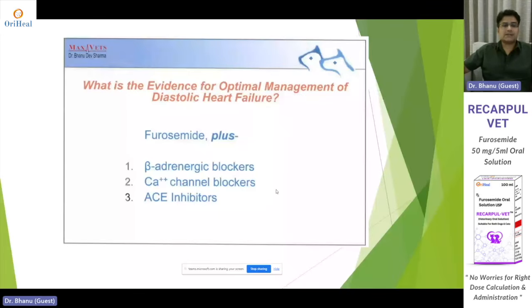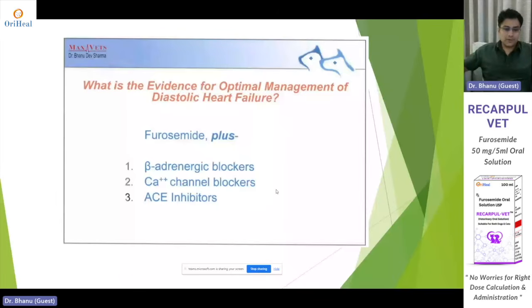ACE inhibitors, yes, benazepril is a commonly used ACE inhibitor in maintenance therapy. I use this drug. ACE inhibitors, you all know, have vasodilatory effects. Vasodilation would mean that the afterload on the heart is reduced.